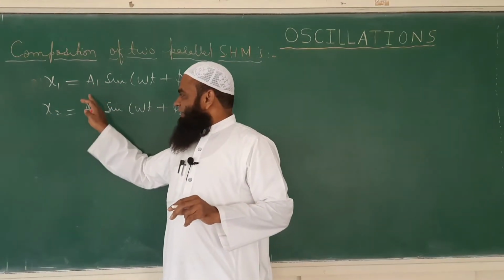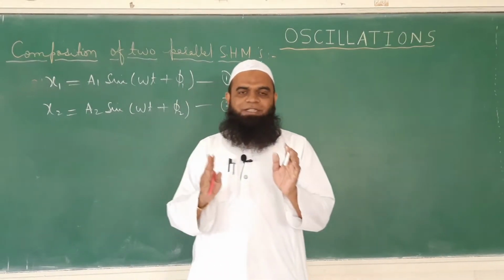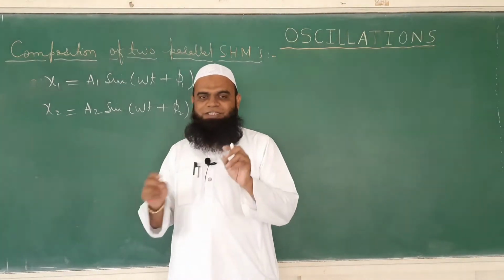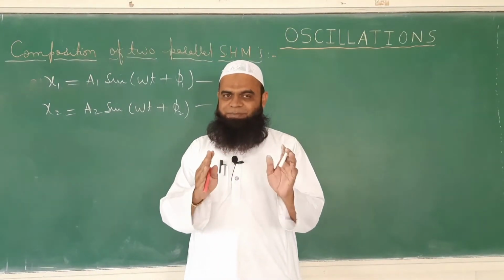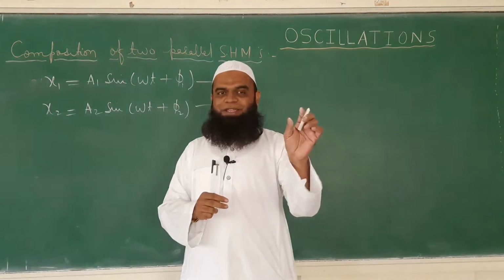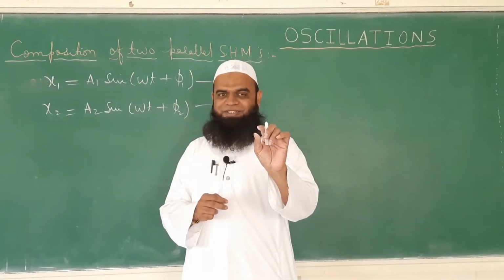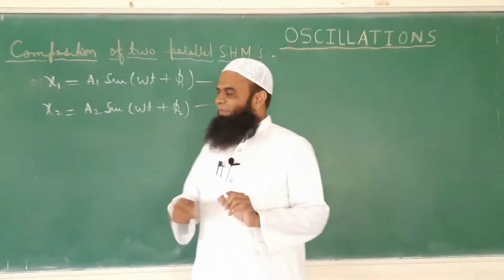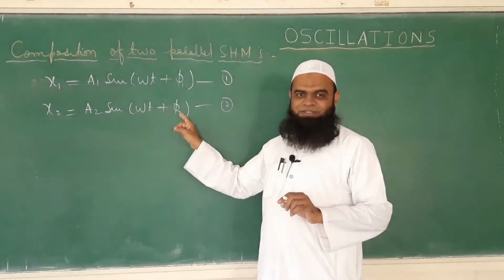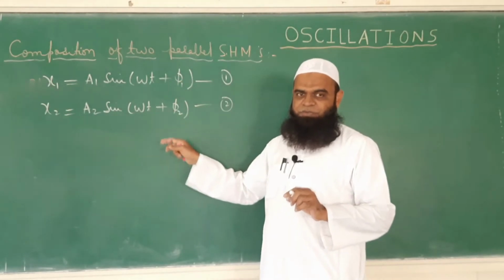Here a1 and a2 are the amplitudes, and they are different, not the same. So the particle is subjected to two parallel SHMs along the same line, having the same frequency, that is time period, but different amplitudes and different initial phases, phi 1 and phi 2.